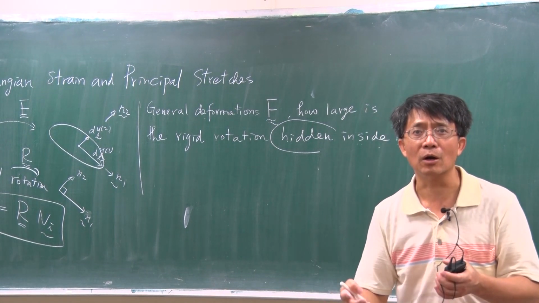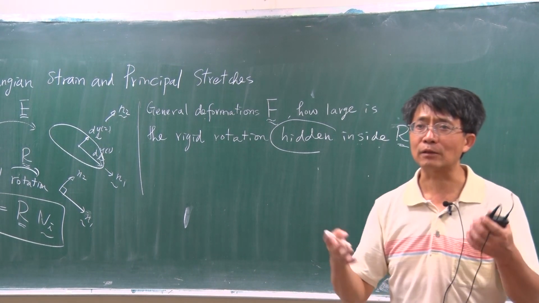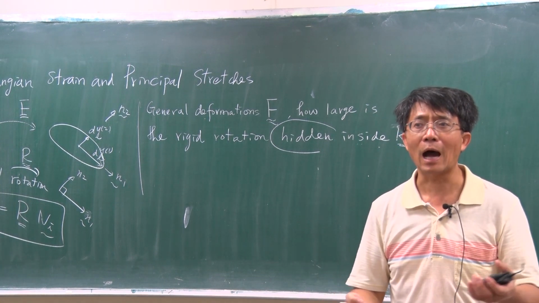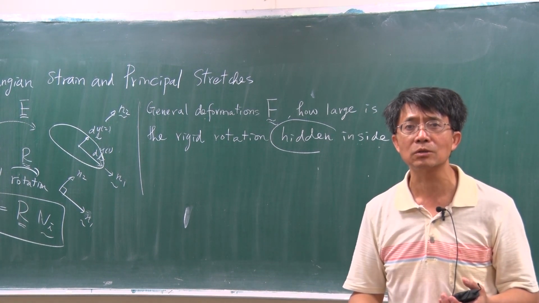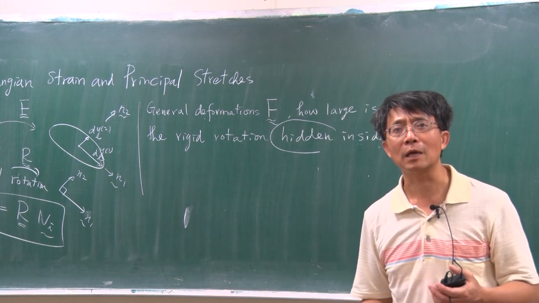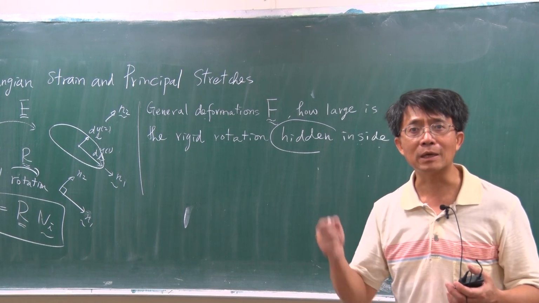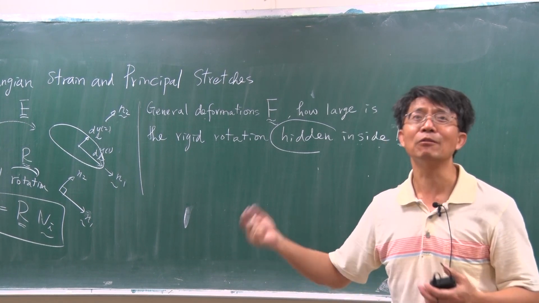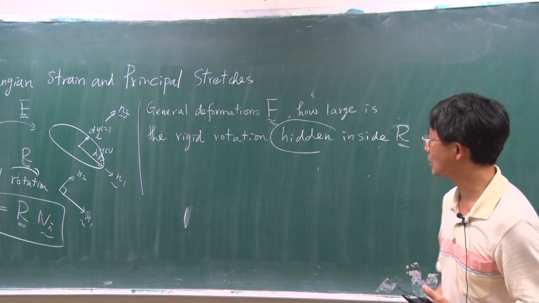They mix up together. We don't know, at the first glance, how large is the rotation. And then after the computation, we get the matrix R, and then we know how large is the rotation.